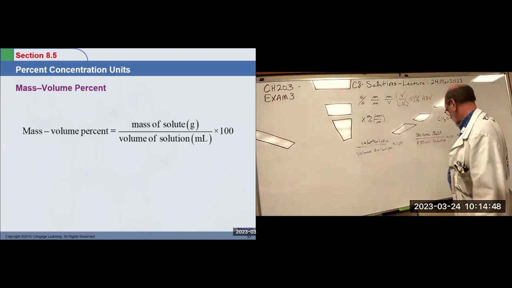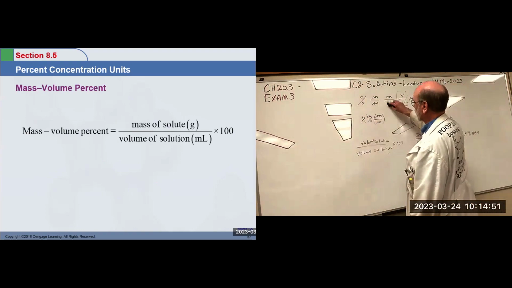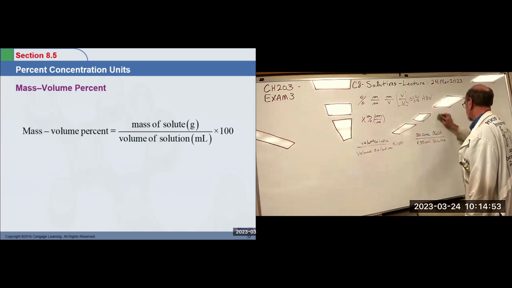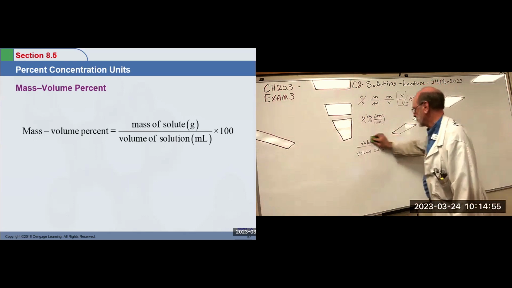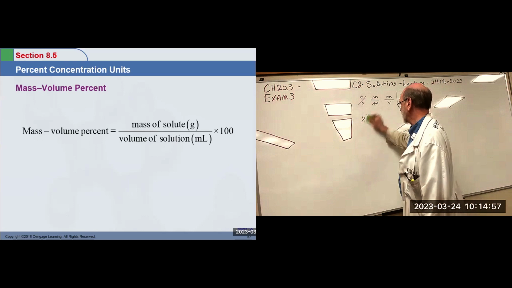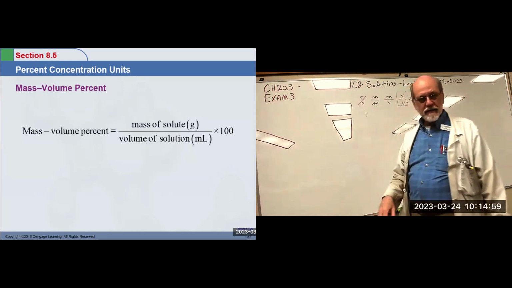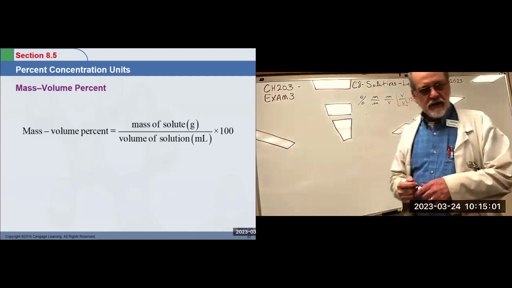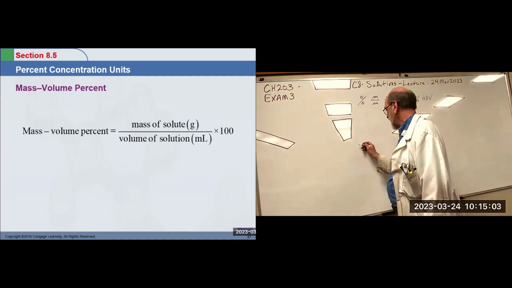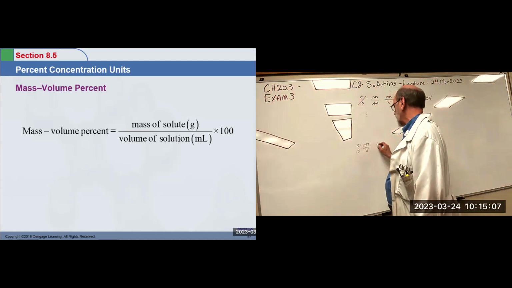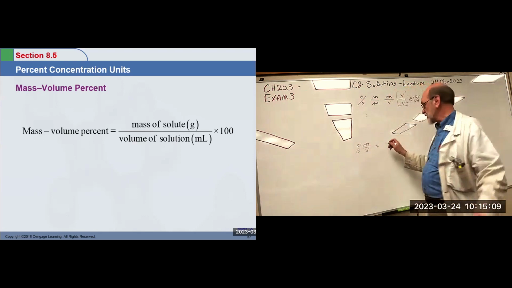Oh, mass volume. Okay, now we get to look at the second one. All right. So the percent mass volume is equal to the mass of the solute.